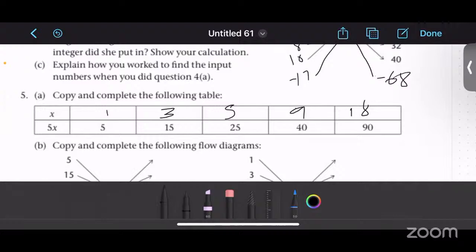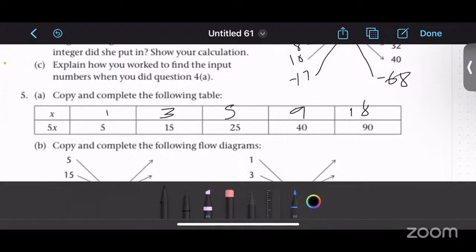Is it? Okay. What is 18 plus 18? 36. 36 plus 36.